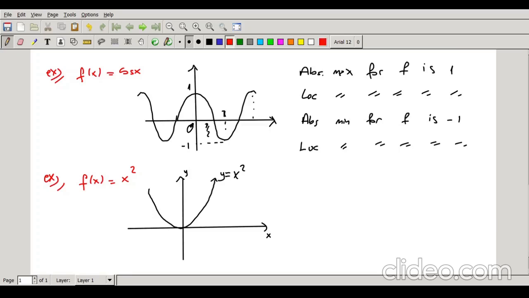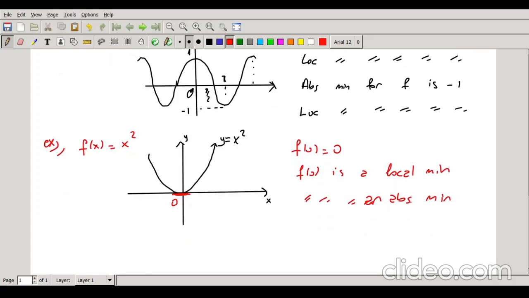As you see, it has a minimum at that point, obviously at point 0. We have f of 0 equal to 0 for that example. Comparing with all the other values of x, f of 0 is a local minimum, but at the same time it is an absolute minimum, because we have no other value lower than that.